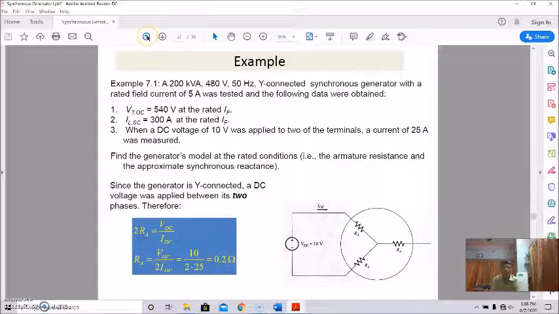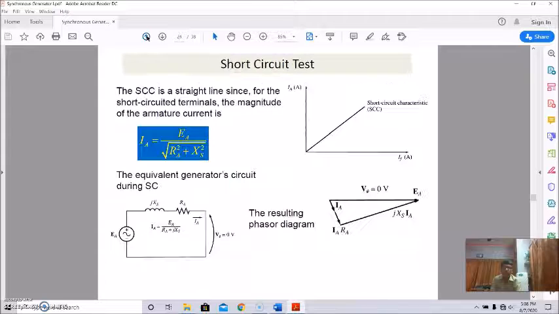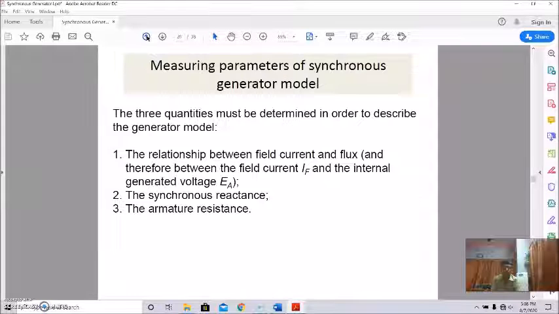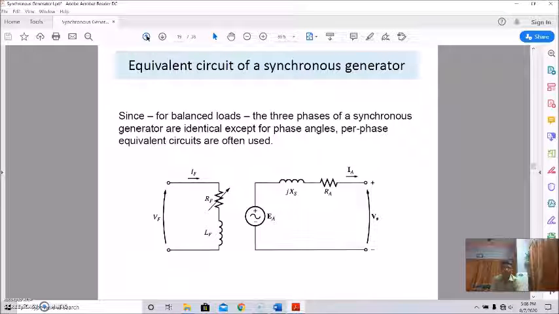Now actually what we have seen is the equivalent circuit, which has these two components, RA and XS. To find this XS, we are using the OCC and SCC.